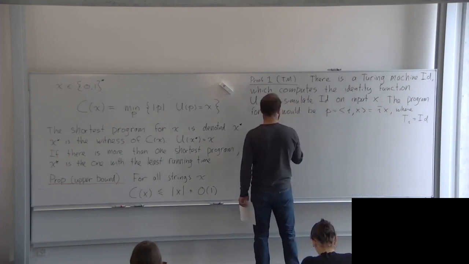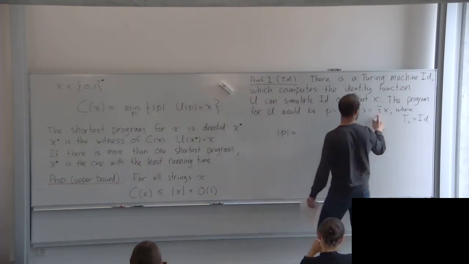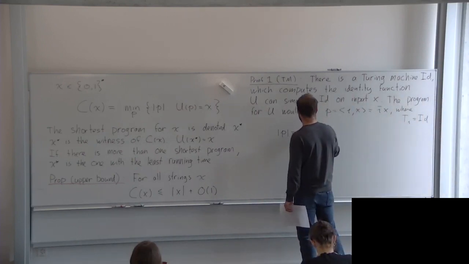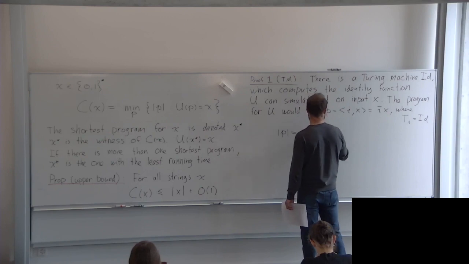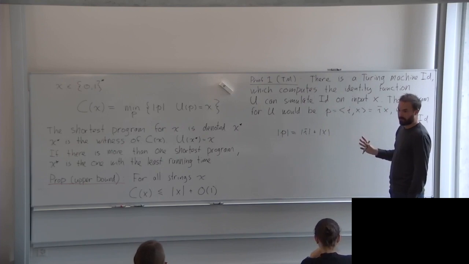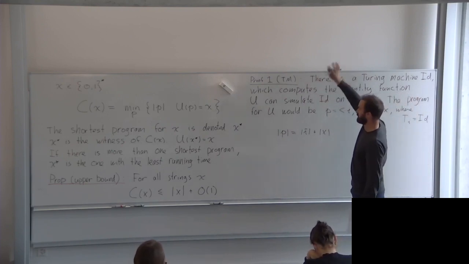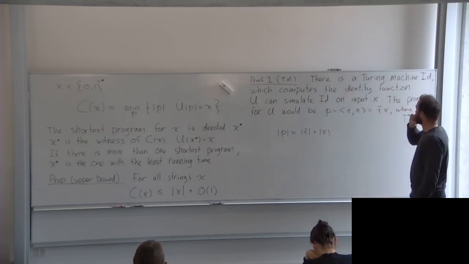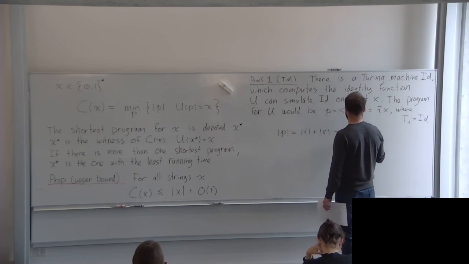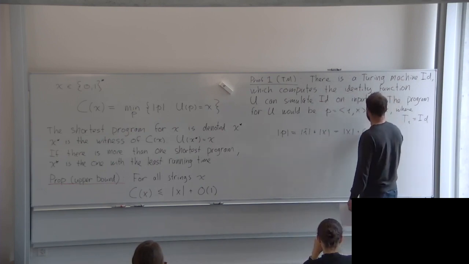And then what can we say about the length of P? Well, it's equal to the length of that string, which is the length of I bar plus the length of X. And the length of I bar is a fixed constant. It doesn't depend on X. I could have said, like, let X be a string. This is how I start my proof. And so the length of X is going to be my dominating term when X grows, plus O(1).